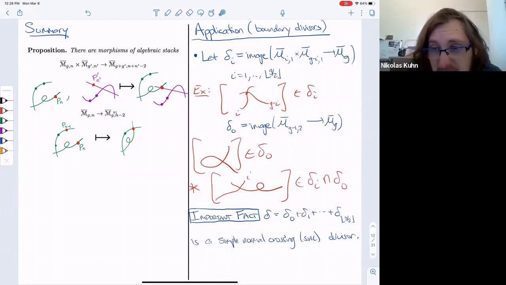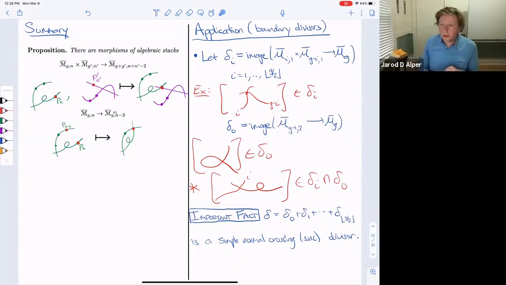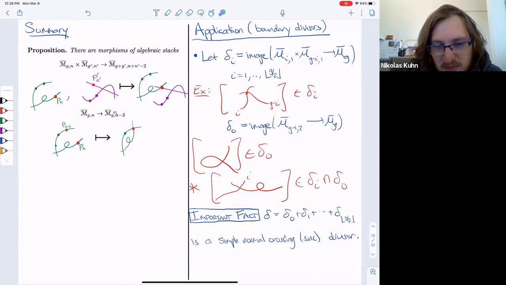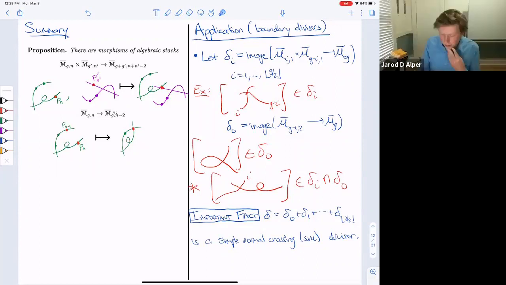Question here. Do you run into trouble that delta 0 has a self-intersection, so it's not like simple normal crossings? Oh, you want me to erase simple? Wait, hold on. I'm not sure what it means, simple normal crossings, in this context. Maybe I'm using the wrong vocabulary.